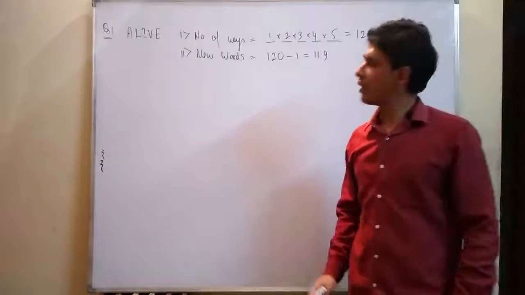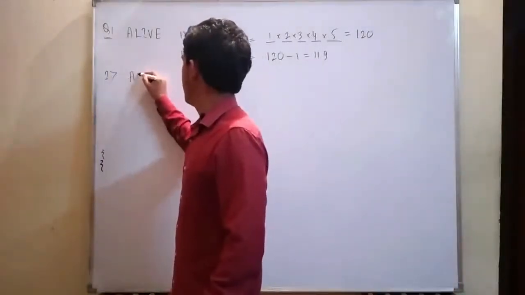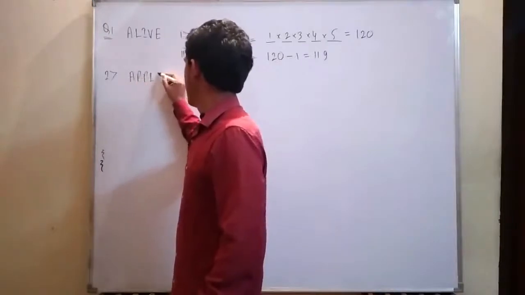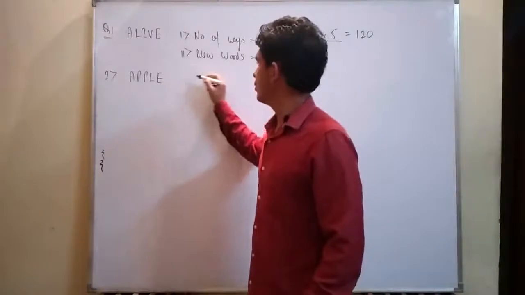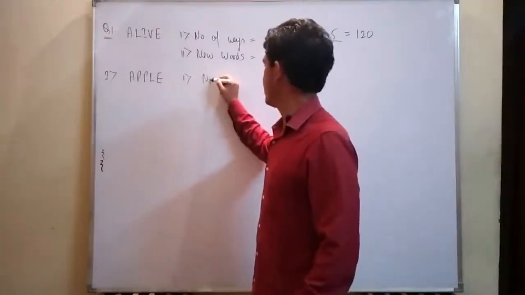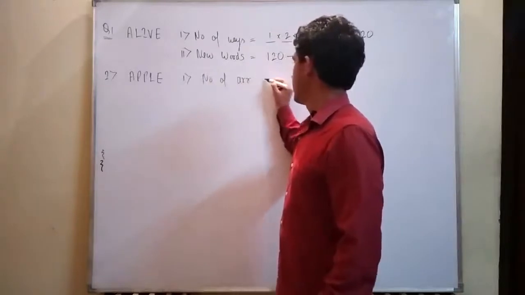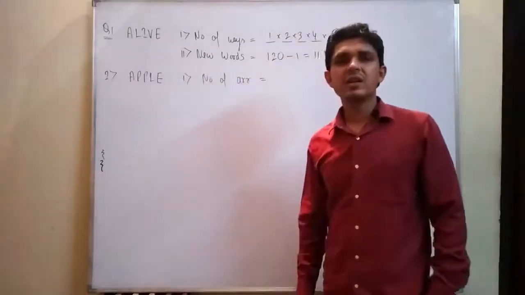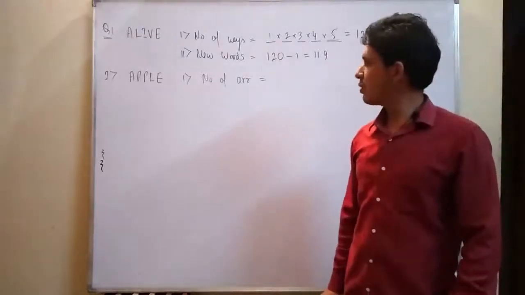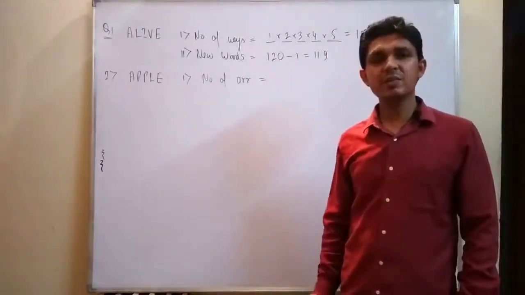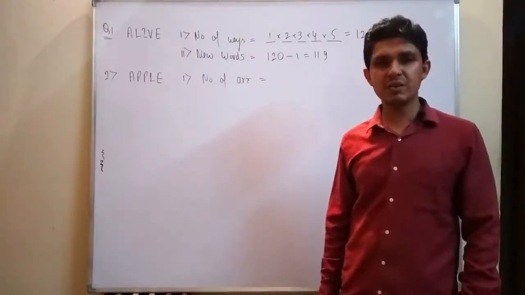Okay, coming to the second question, wherein we have a word APPLE, and we have to tell the number of arrangements in which we can write the letters of the word apple. So as we are looking in the word apple, the letter P has been repeated 2 times and the total number of letters in the word is 5.